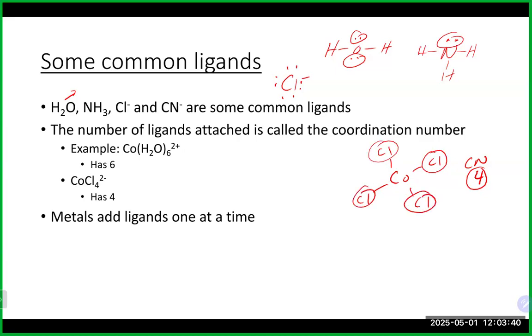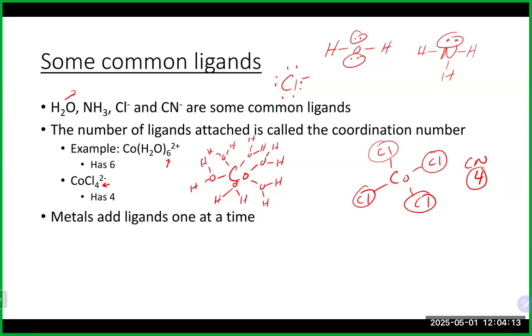Now, sometimes people misunderstand this and think it's always just that number right there. In the case of cobalt with water, water would actually attach through the oxygen here. I squeeze them all in there. Try to squeeze one more.